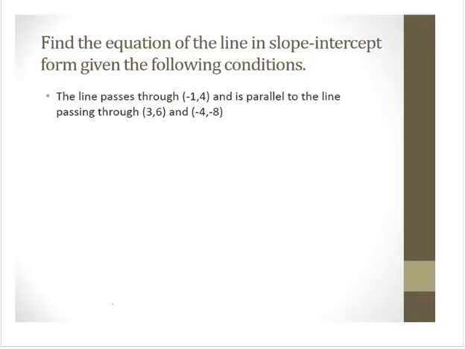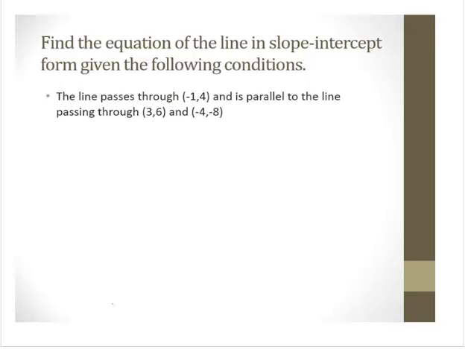All right, we want to find the equation of a line in slope-intercept form. And now, let's see what we're given. The line passes through (-1, 4), and is parallel to the line passing through (3, 6) and (-4, 8).